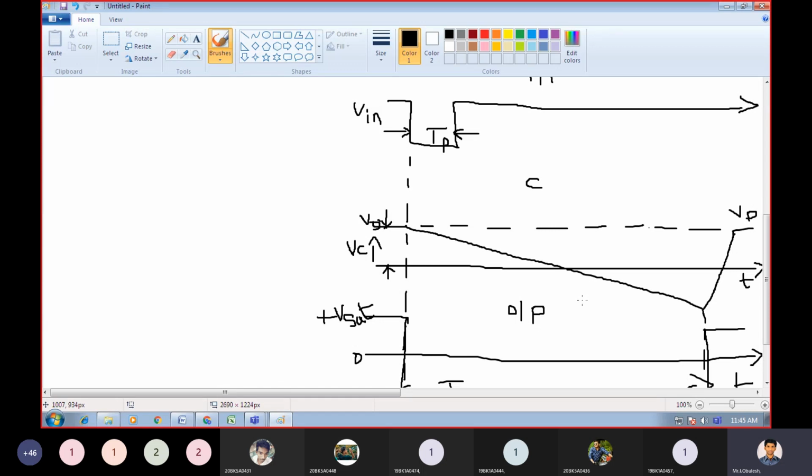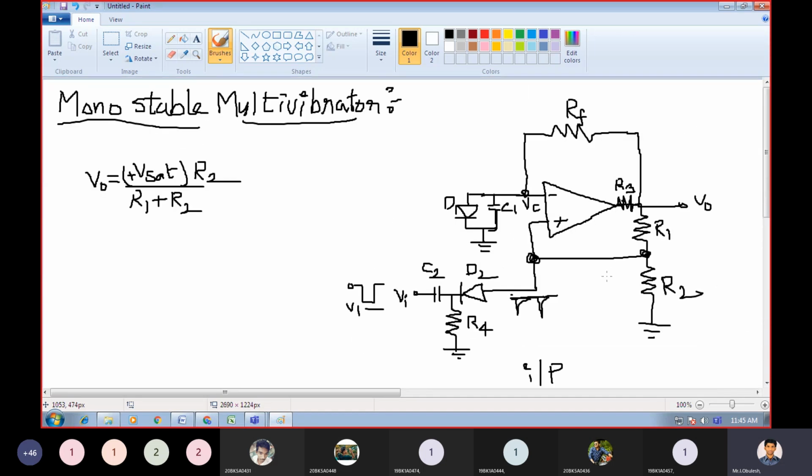in stable state, the output is positive V saturation, and the diode D1 is in conducting state. So in the first case, assume that in stable state the output is positive V saturation only, and the diode D1 conducts, and the voltage across capacitor C1 gets clamped to 0.7 volts.